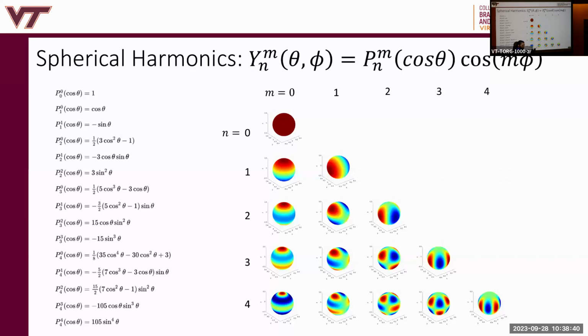So an arbitrary function that I can draw on the surface of the sphere just like this can be expressed as A0 of this plus A1 of that plus A2 plus A3. So it has some of this in it, some of that in it. And these are orthogonal and they span the whole space, so you can expand any function in terms of them. This is what they look like though, all right? Think of them as like on a 1D line, you have polynomials that you can expand some function in terms of. Here you're expanding some function on the surface of the sphere.